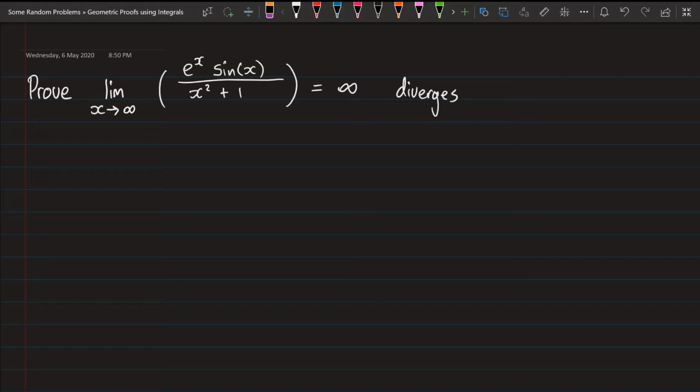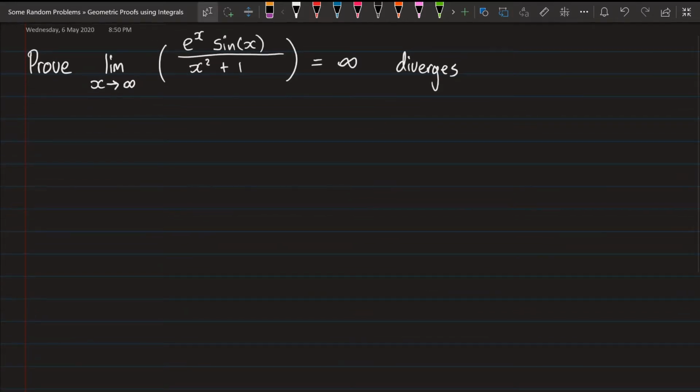But we can use some common sense here to show that it also diverges without using that geometric interpretation of the sine function. So let's go ahead and do the limit.